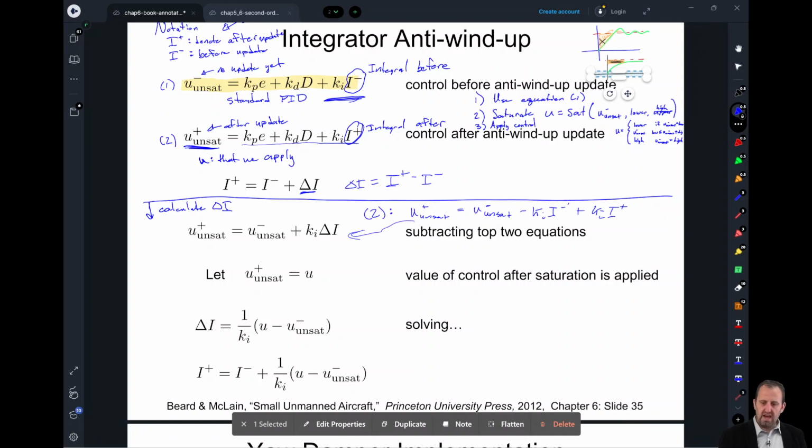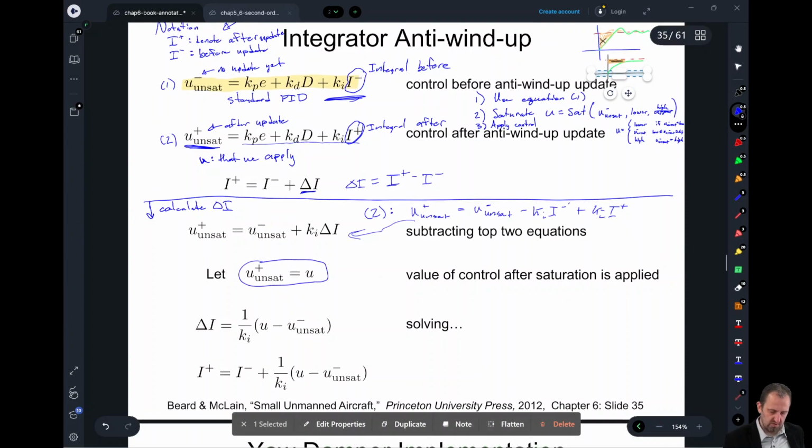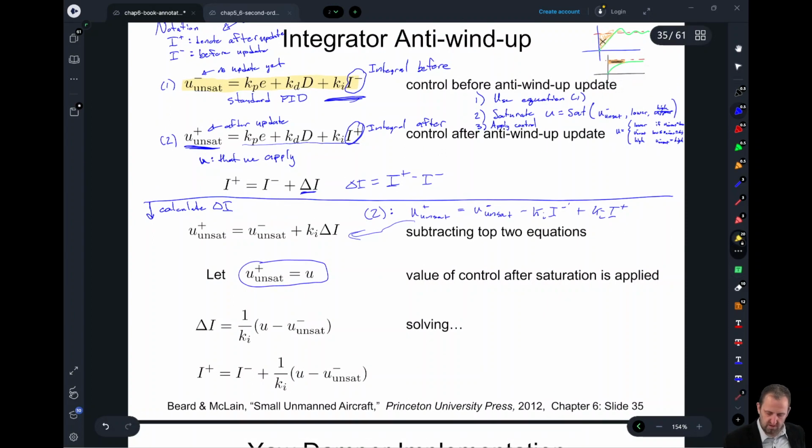Excellent. So now we let our U unsaturated equal to our U. So again, we've actually saturated our control. And then the question here is, what is this delta I? What is the change? What's the difference we've actually done there?